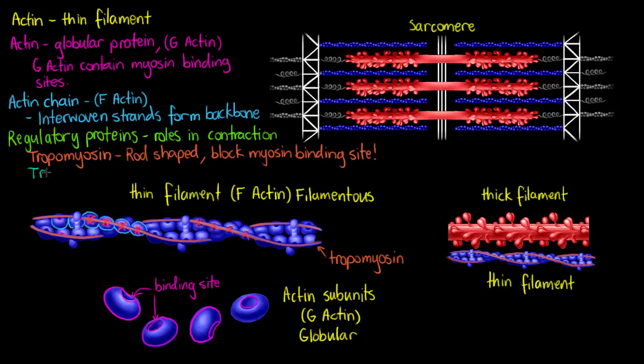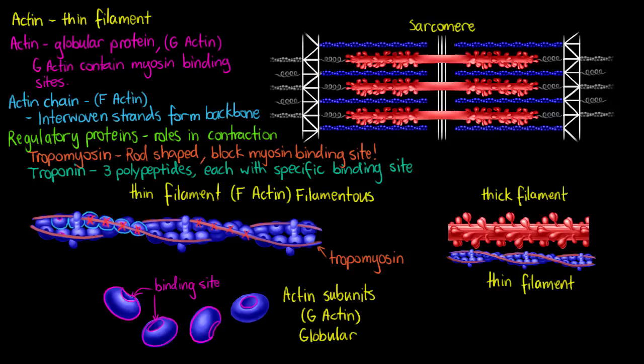And if your myosin can't bind, we're going to need something that's going to control when it can. And that's the second regulatory protein, troponin. Now troponin is made of 3 polypeptides, and each of those individual polypeptides is going to have a specific binding site for a different compound or molecule.